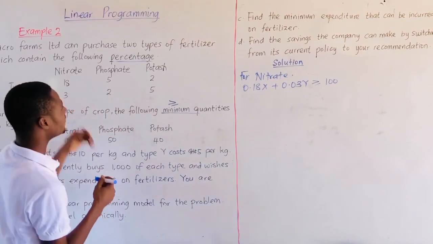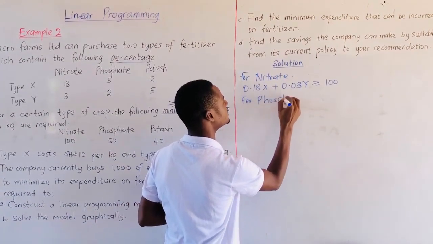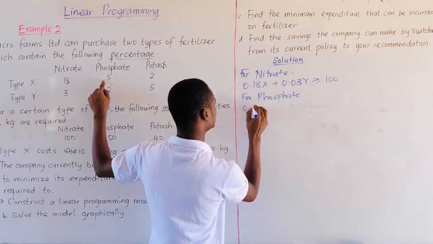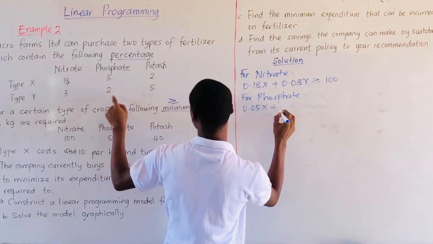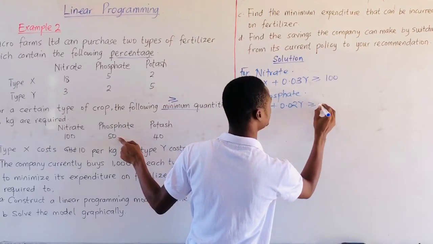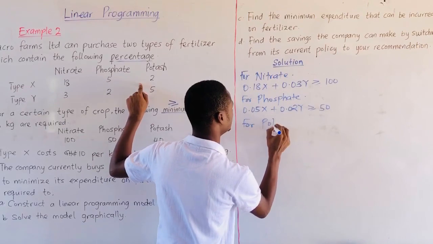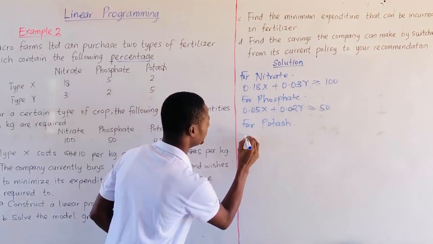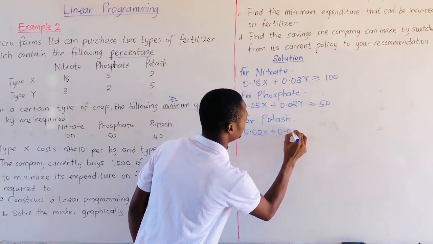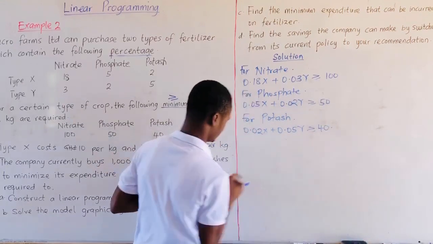Then for phosphates, we have 5% in X and then 2% in Y, and that is subject to a minimum of 50. For potash, we have 2% in X and then 5% in Y, subject to a minimum of 40.